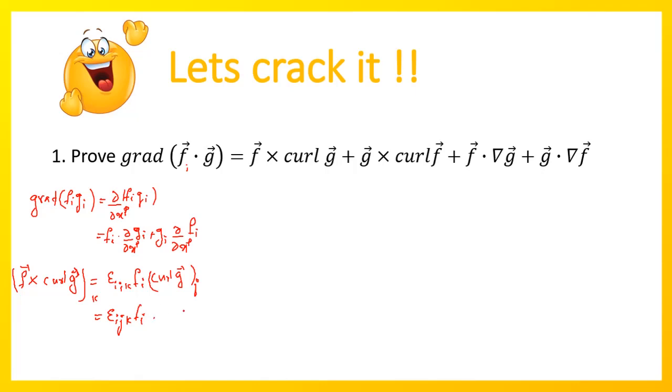Up to this, it remains the same. Now we have to write it for the jth component.